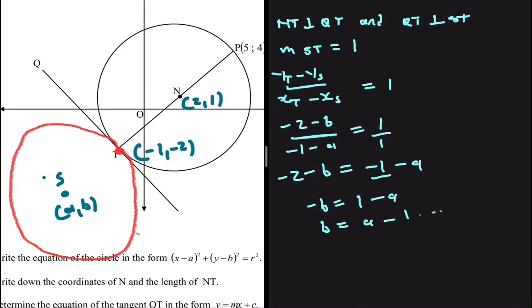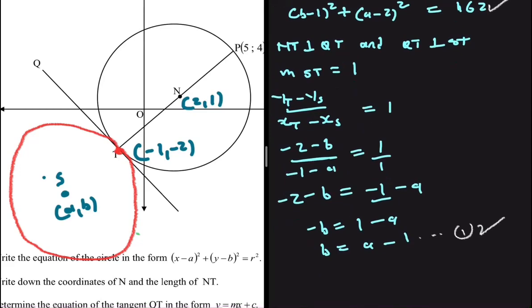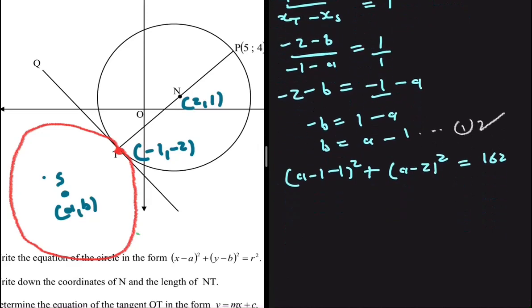We can call this our equation 1. And then what we want to do is to substitute this equation into this equation. So instead of having b, we're going to have a minus 1, and then minus 1 squared plus a minus 2 squared is equal to 162.